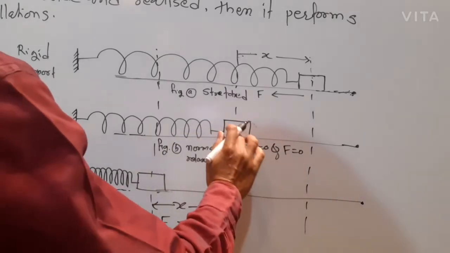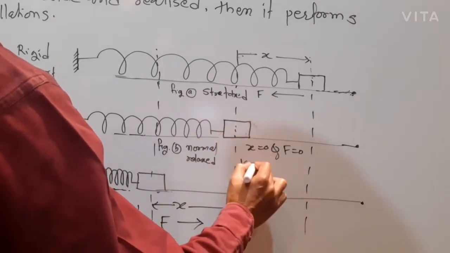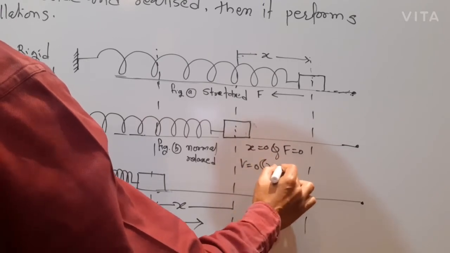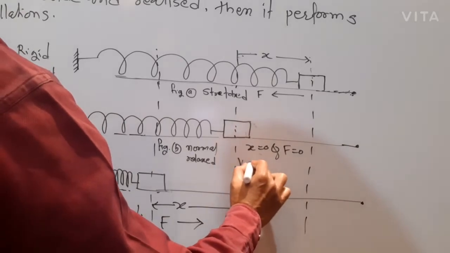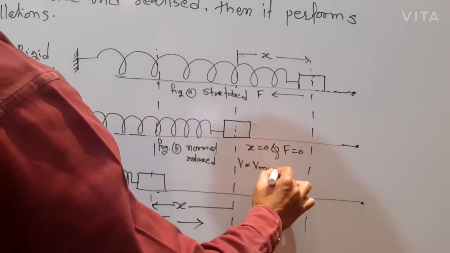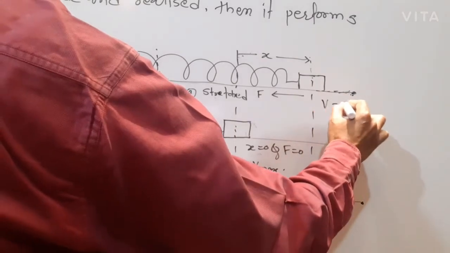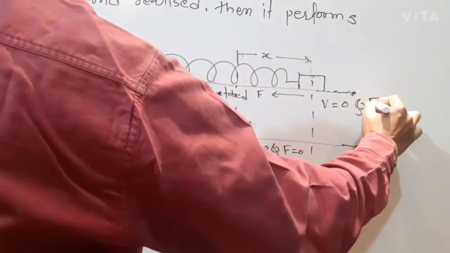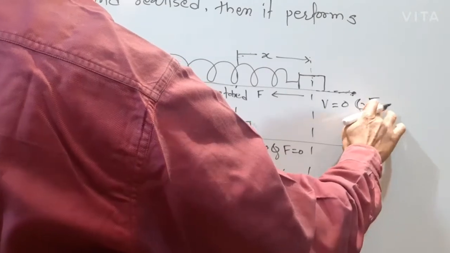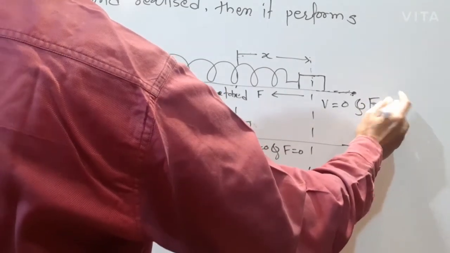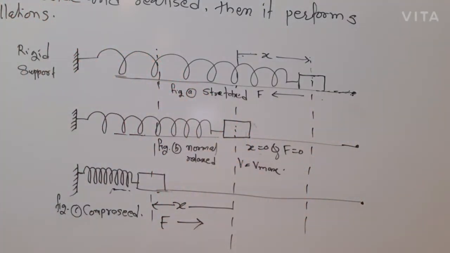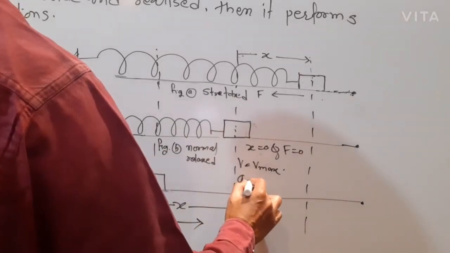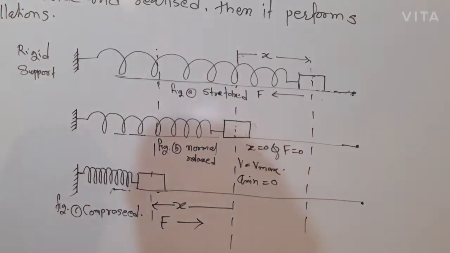At one point V is equal to 0, and here V is equal to V max. At the other extreme, V is equal to 0 and F is equal to F max. At the mean point, V is equal to V max and A minimum is equal to 0.